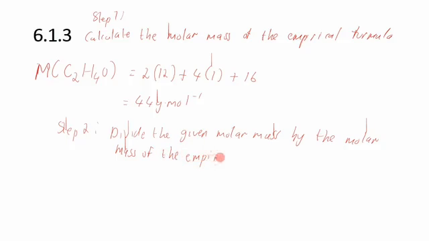So make sure you pause the video and take note of all this. Remember, the given molar mass was 88, so we're going to have 88 over 44, and that will give us 2, right?